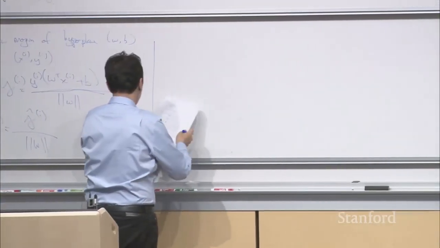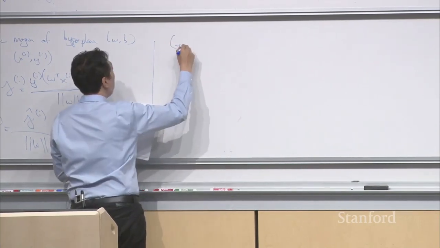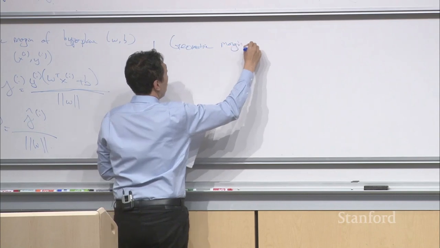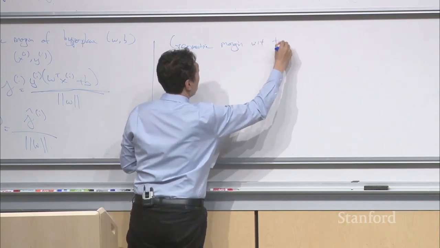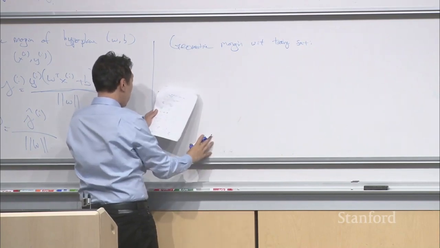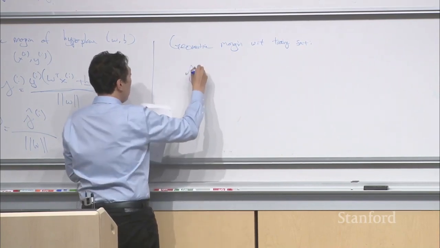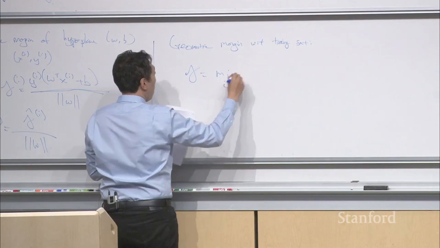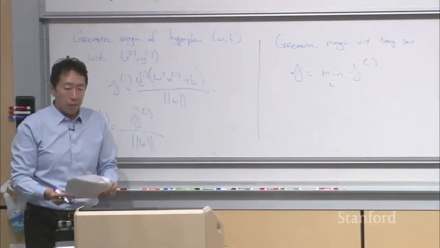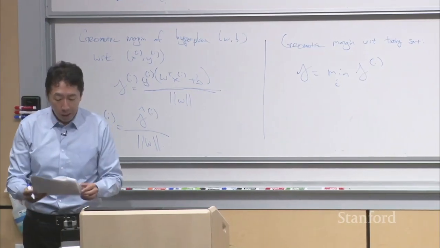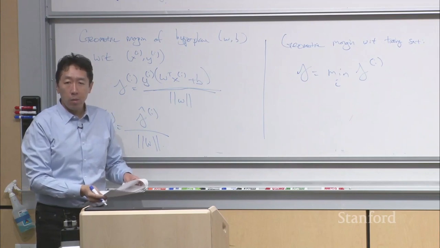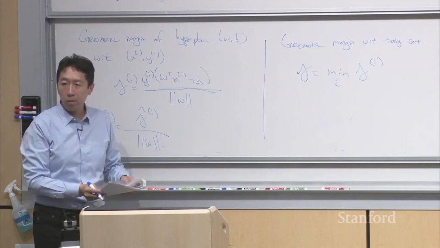Finally, the geometric margin with respect to the training set is, we again use this worst case notion: look through all your training examples and pick the worst possible training example, and that is your geometric margin on the training set.